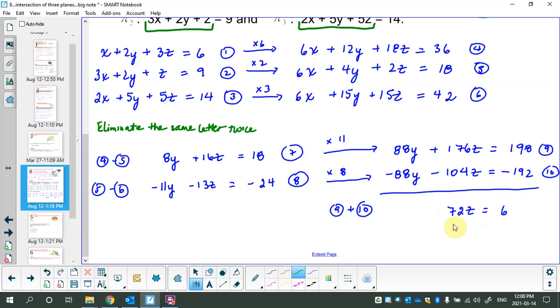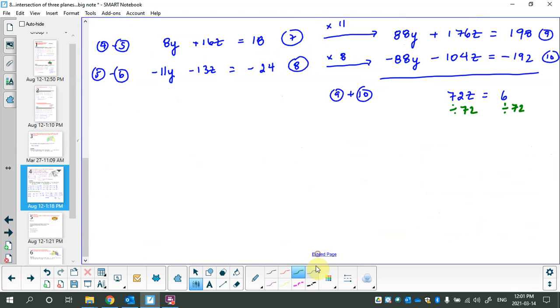So now I can get the z by itself. And remember, you're in grade 12, these numbers don't have to be pretty. So z alone is equal to 6 over 72, which is reducible, so it's 1 over 12.